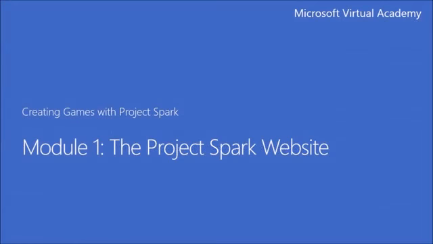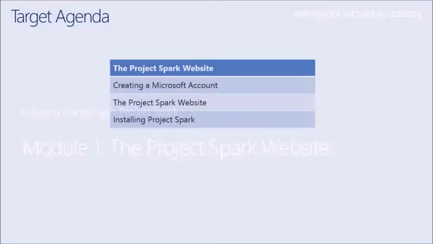So let's start off with the Microsoft Virtual Academy Creating Games with ProjectSpark course. This is Module 1, the ProjectSpark website. So in this module we're going to focus on creating a Microsoft account. This is important because you need an account to log into ProjectSpark, and this account is linked to all the time you spend in ProjectSpark and the achievements you get and the challenges you complete, and anything you buy in the marketplace is linked to this account.